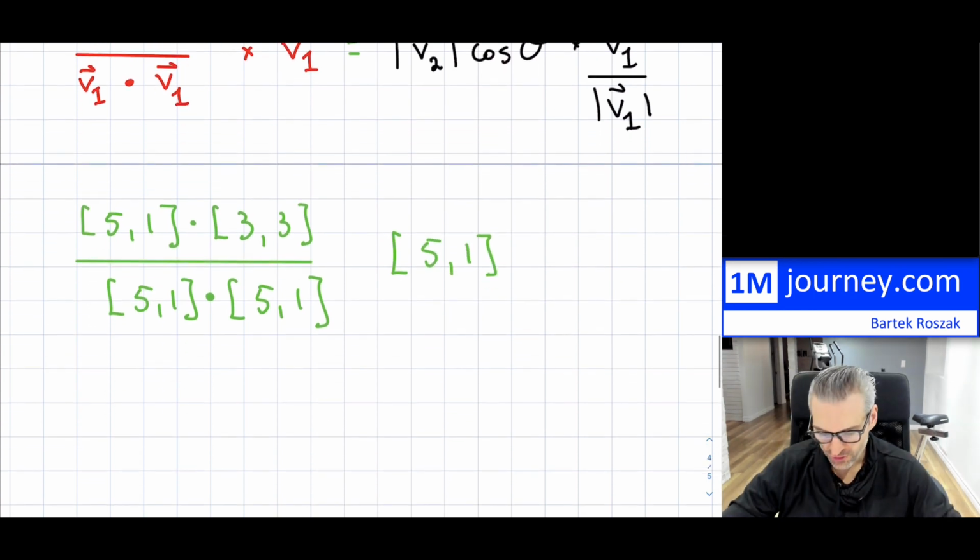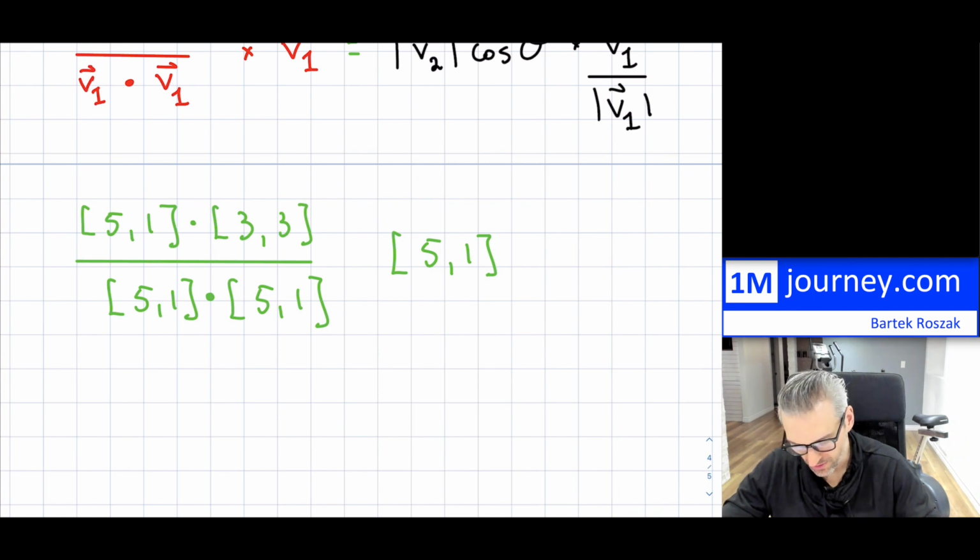To find this out, this is going to be 5 times 3, which is 15, plus 1 times 3, so it's going to be 18. So I have 18 all over, and this is going to be 25 plus 1, which is 26, right there.